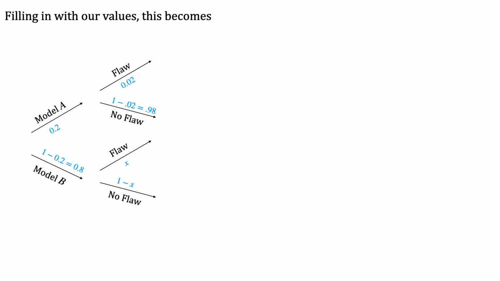Now, what do we know next? We also know that the probability of just a flaw is 0.028. Remember that when we want to find the probability of flaw, we need to find everywhere where it says flaw, and we need to add those values up.